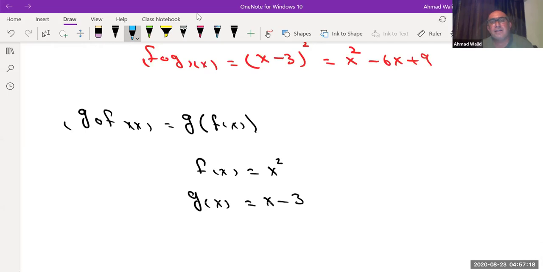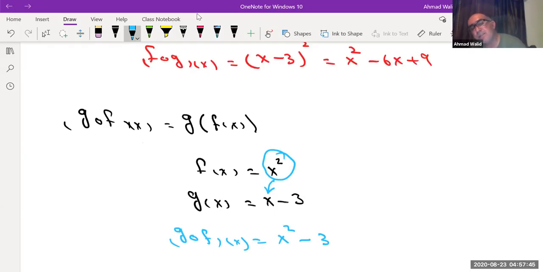Now, using color, I'll take f and I'll plug it in the variable of g. It means it gives me g of f, right? It means it gives me x squared minus 3. That's it. This is the composition of g of f of x.